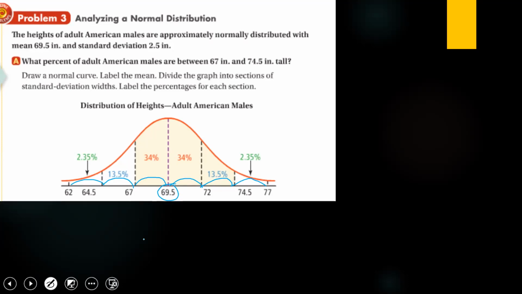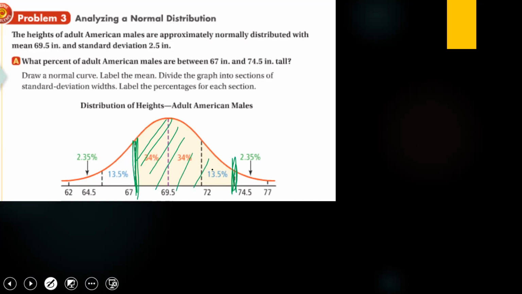Now, the question is, what percent of adult American males are between 67 inches and 74.5?